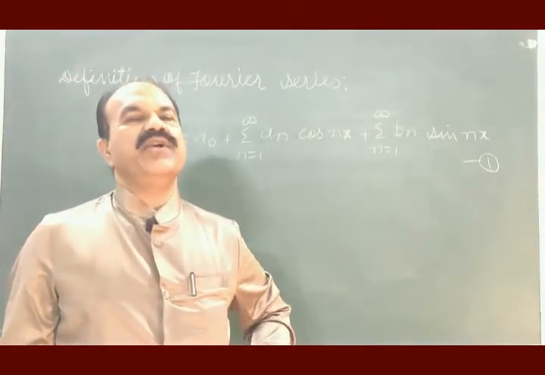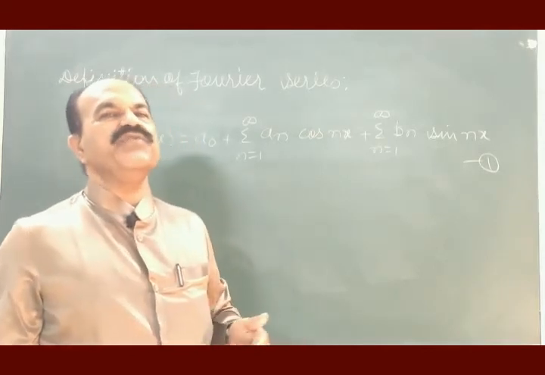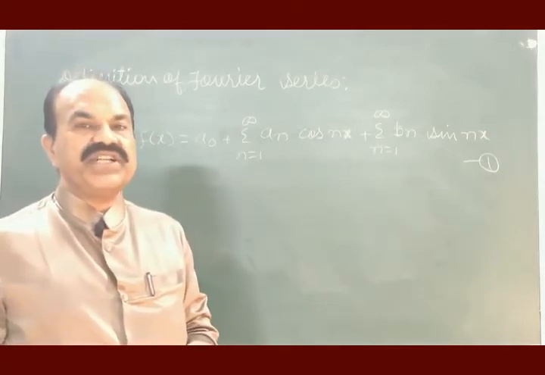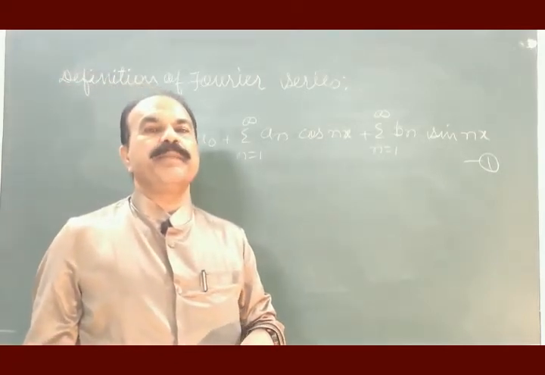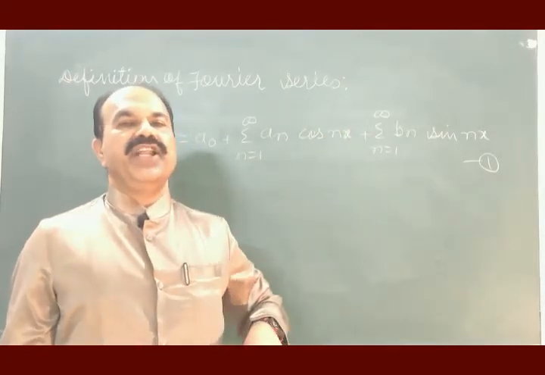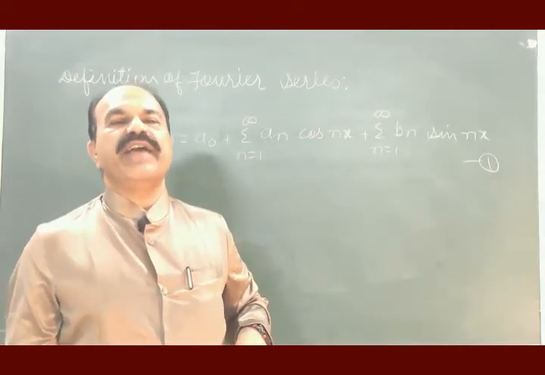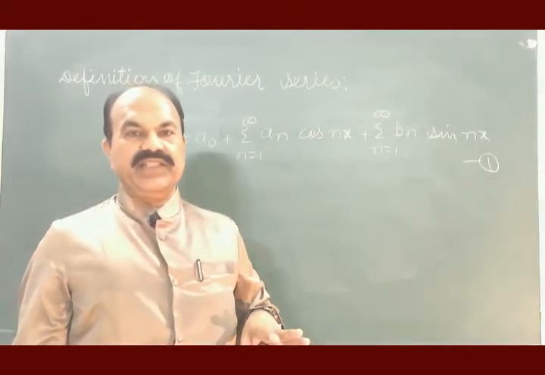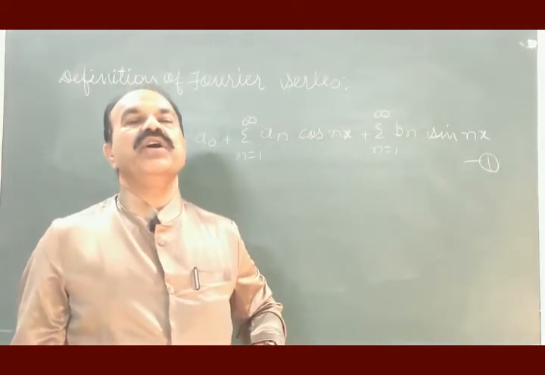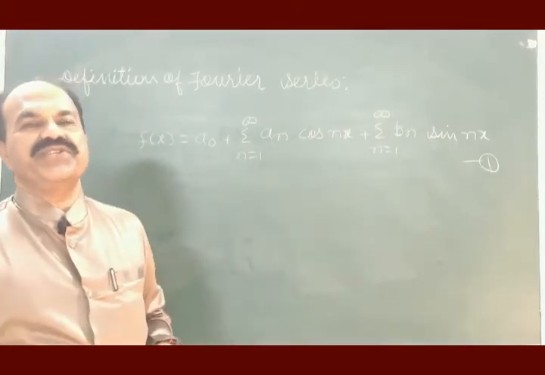The conditions I told for f of x which can be represented using Fourier series when it is discontinuous: the discontinuities should be finite in number, and the magnitude of discontinuities should also be finite. These conditions are sufficient conditions for the function to be represented using Fourier series.